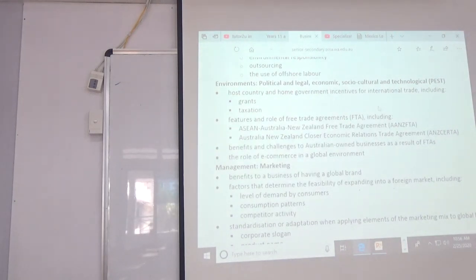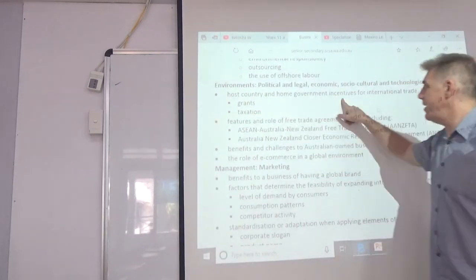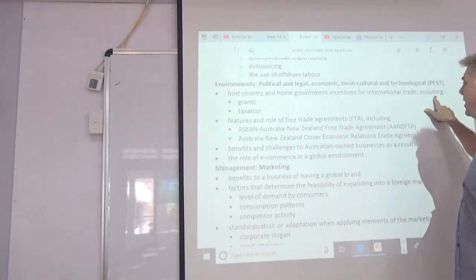So, let's see, just so we know the vocabulary. Host country and home government incentives for international trade.